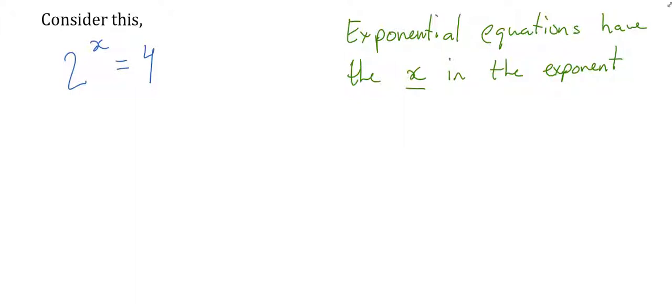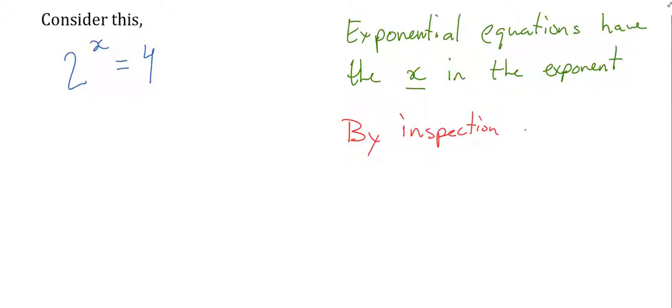Yeah, 2 squared is 4. So by inspection, we can see that this is 4. You don't have to write this down, but you could if you want. The x is 2. By inspection, and this is how people like to solve the easy ones, but you can't do the hard ones this way. This is why we need a better system.